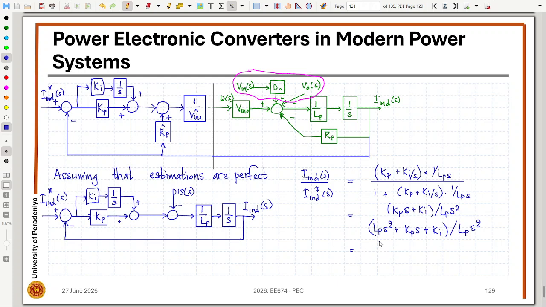So we would have (Kp s plus Ki) over Lp, divided by s squared plus Kp over Lp s plus Ki over Lp. So this would be the transfer function. So we have a second order system here. So we can look at pole placement.